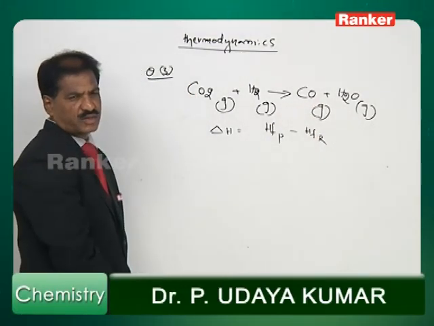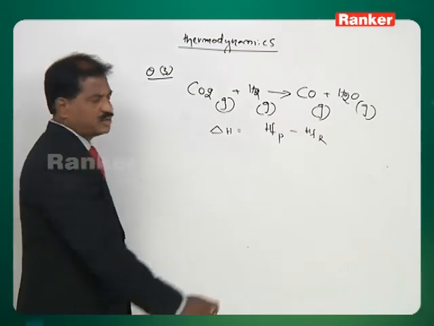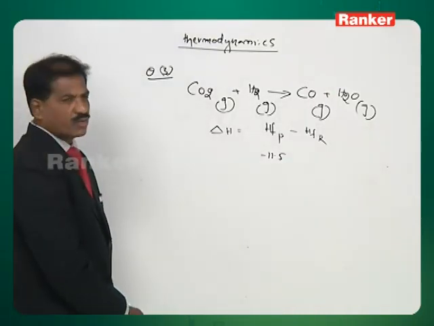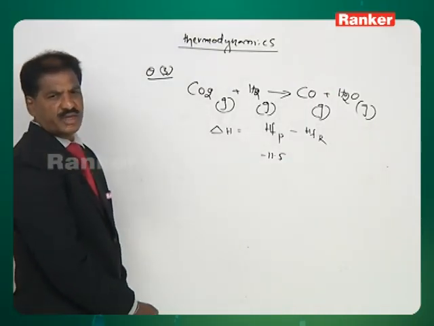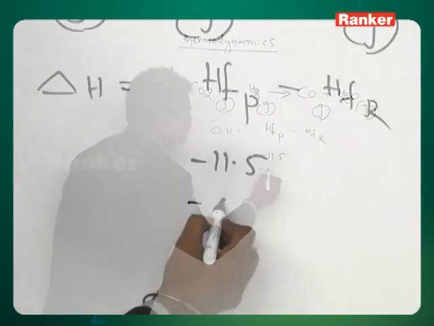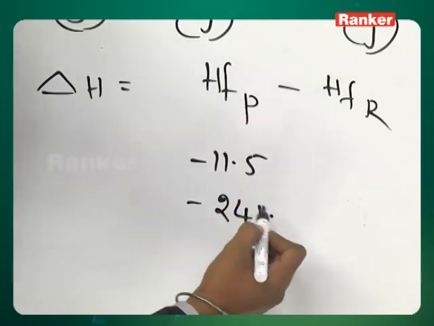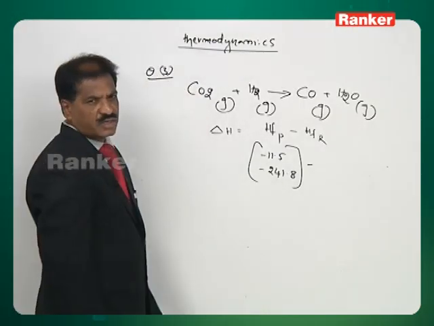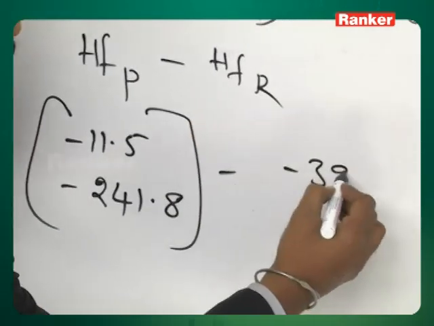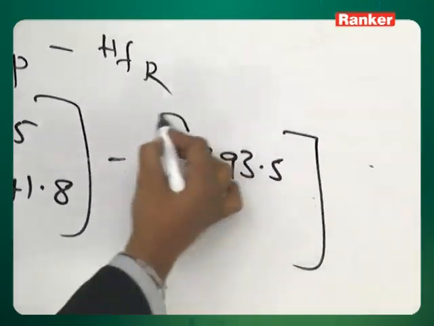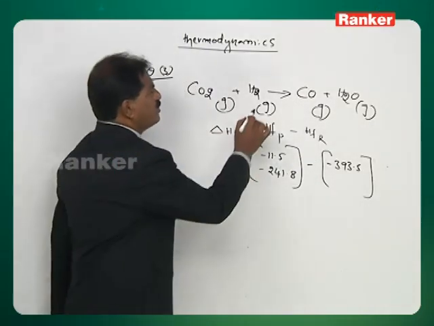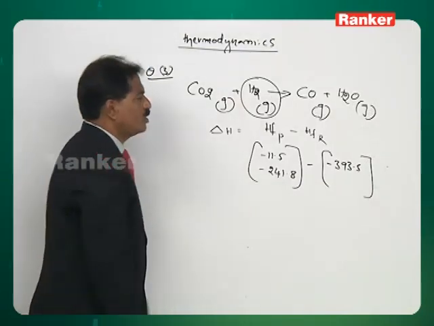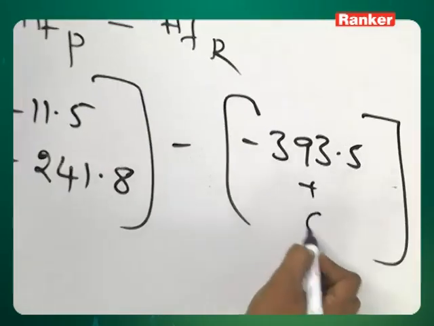For carbon monoxide, the enthalpy of formation is given as minus 11.5, and for water, minus 241.8. Next, the enthalpy of formation of CO2 is given as minus 393.5. Next, the enthalpy of formation of hydrogen: the standard enthalpy of formation of elements is always 0. Therefore, this other value is 0.